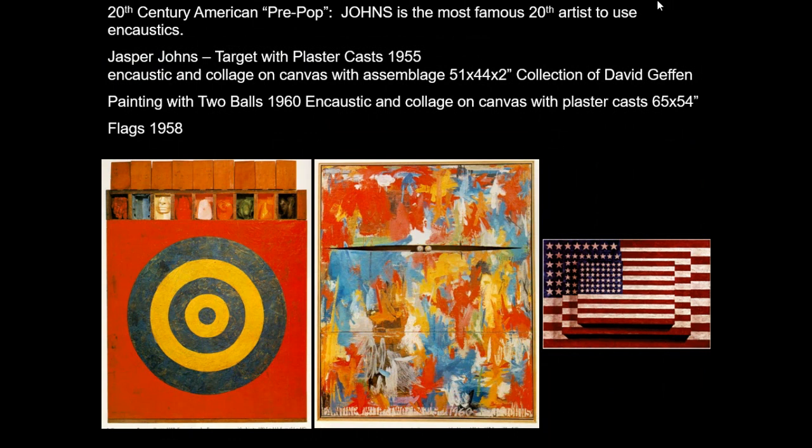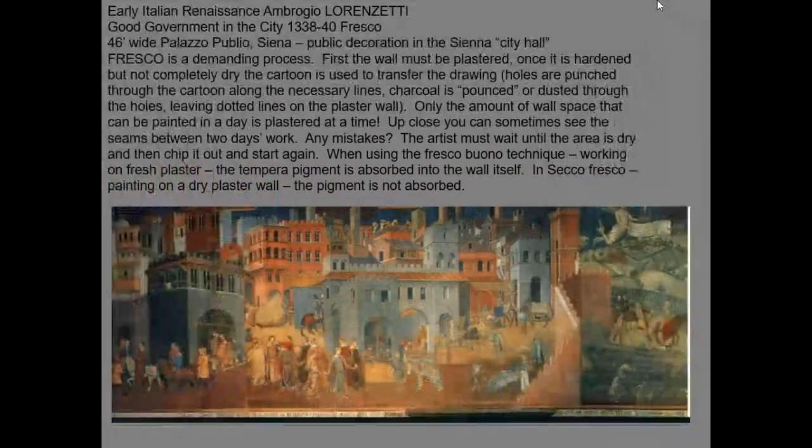Those cups are placed on heating plates like you might use at a buffet. And as the temperature is heated up, it keeps the paint liquid, and then it can be applied with a brush or even with a palette knife. These are works of a 20th century pop artist, Jasper Johns. His paintings have really bright, rich, intense color as a result of using encaustics.